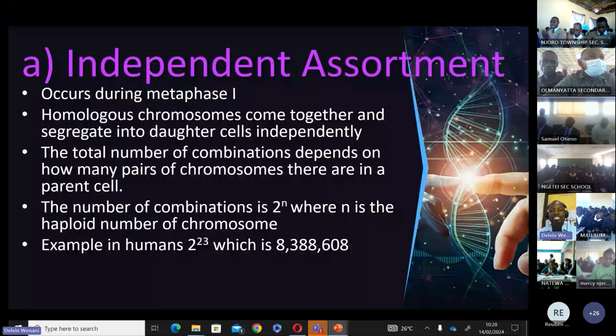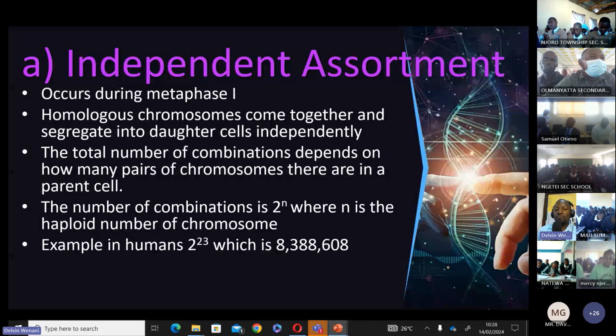Therefore, at the end, the total number of combinations will depend on how many pairs of chromosomes there are in the parent. And the number of combinations is 2 raised to power n, where n is the haploid number of chromosomes.